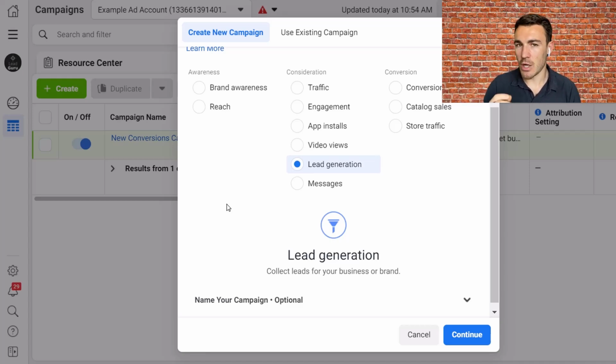One of the complaints a lot of people have about Facebook lead generation campaigns is that the quality is poor. It's why people often go with conversion campaigns. They say the quality is poor, they submit their name, email address, I try and get in touch and no one ever responds. Well, if you have someone's phone number, you'll find it far easier to get in touch, because instead of just sending them an email that can easily end up in spam or just be ignored, a phone call is far more likely to get someone's attention, to get you talking to that person, which is probably what you need to do in order to progress them to the next step.